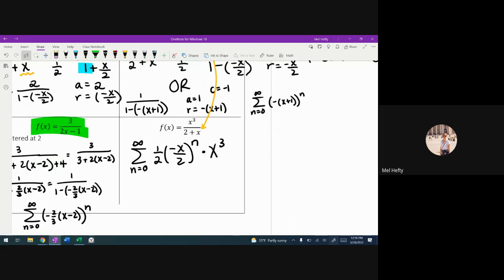Here, when we do this, we do want to make sure that we simplify this enough so that the x is by itself to one singular power. So I'm going to take this 1/2, leave him chilling there. Let's break off that negative. Would you guys agree that I could take that negative to the n power and make it like an alternator, like a -1 to the n? Yeah.